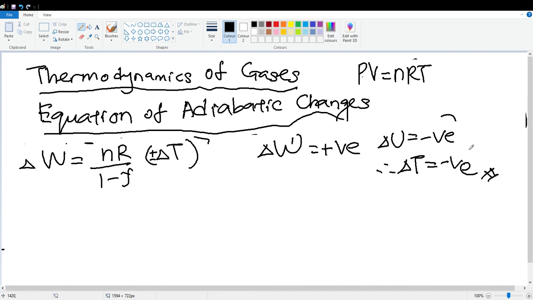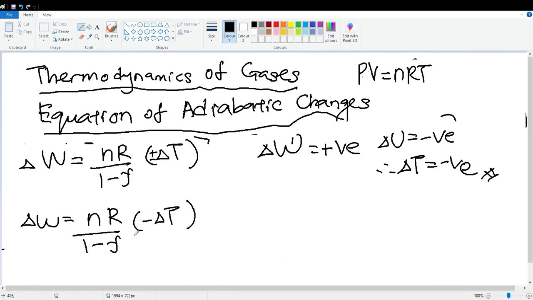So this is negative for this case, which is adiabatic expansion. Since my delta T is negative, I just substitute it as negative.